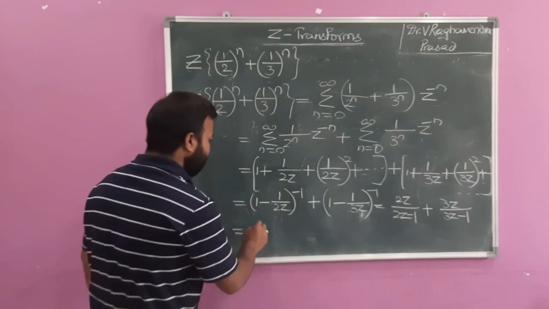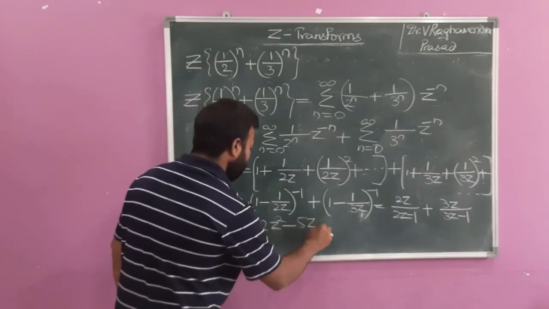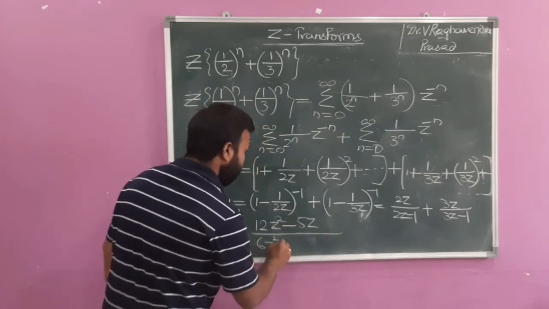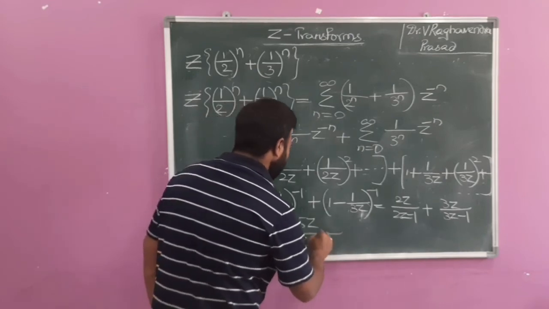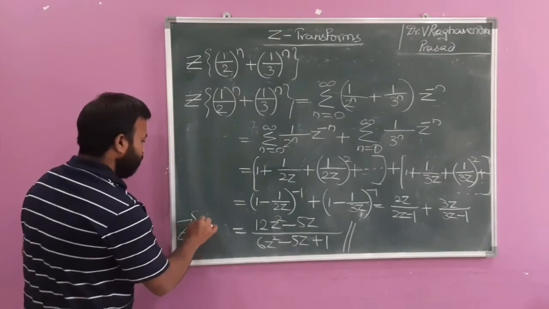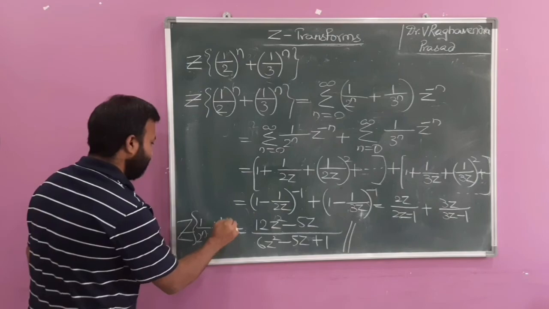By solving this, we get 12z square minus 5z by 6z square minus 5z plus 1. So this is the z transformation of 1 by 2 power n plus 1 by 3 power n.